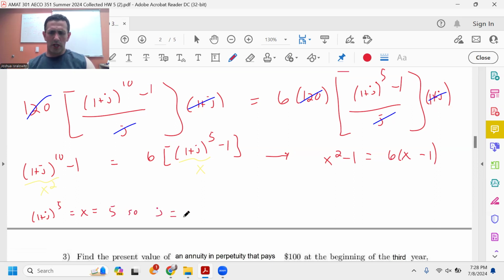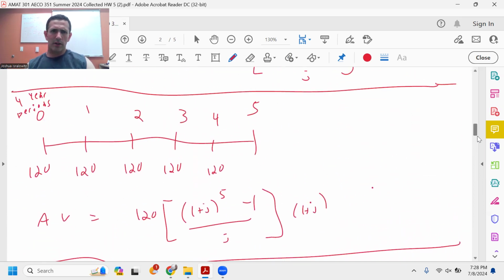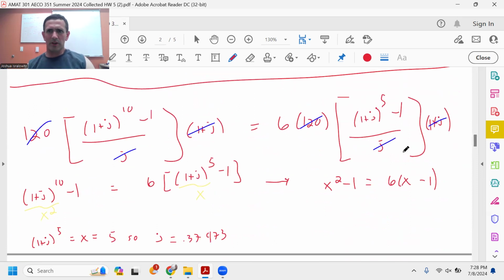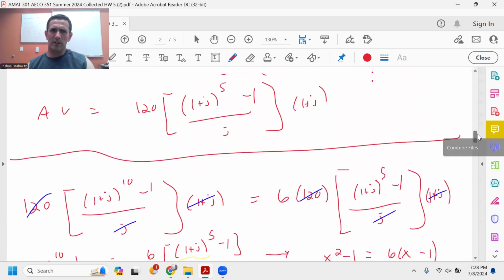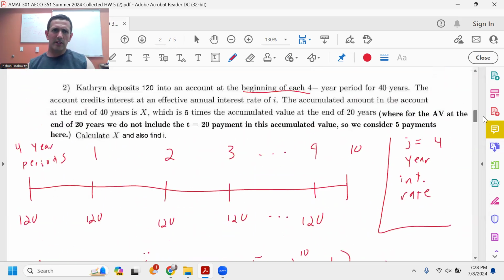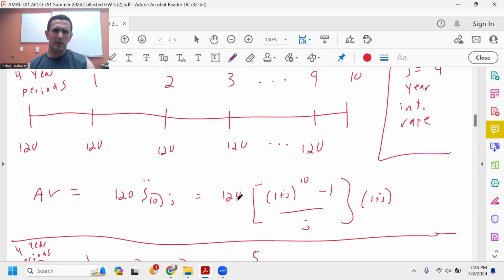So that means J is 0.37973. Maybe X, whatever. You can call this whatever you want. I guess technically this is X here. So this AV, just literally plug in J is 0.37973.